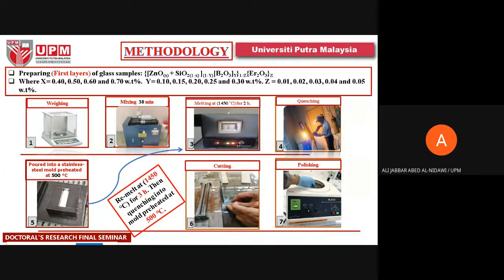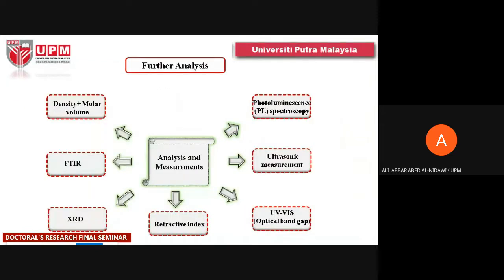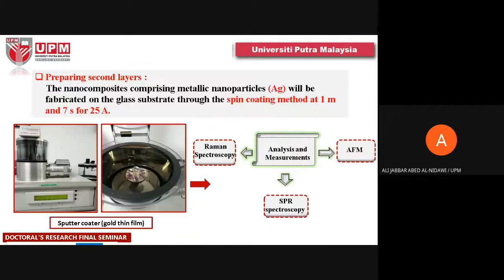The cutter machine is broken in my university, so I went to USM in Penang for the cutting, and then did the polishing. Further analyses, such as density and molar volume, FTIR, XRD, PL, ultrasonic measurement, UV-Vis, and refractive index, were studied.